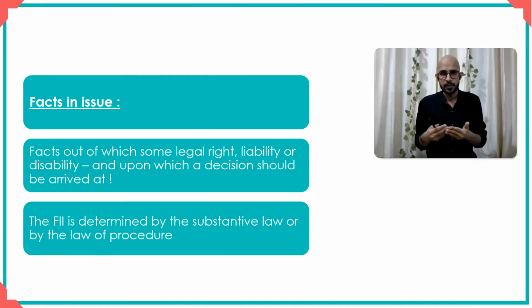Putting it a little differently, a fact in issue is a fact out of which some right, liability or disability necessarily follows, which means that once you see a fact in issue, you'd know something about his right, liability or disability. You'd know whether it exists or does not exist. You'd know if it's there, what is the nature of the right or how much of it is there. So the existence, non-existence, nature and extent you come to know by seeing a fact in issue.